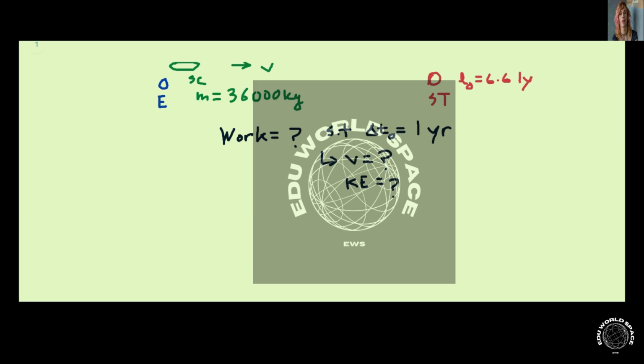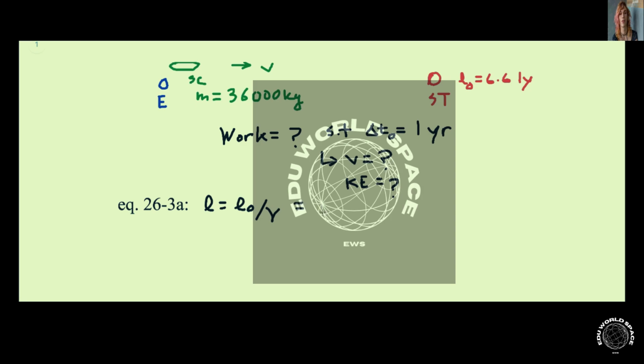So the first step here, you have to use equation 26-3a, which is the length contraction formula. And you'll remember that that's given by L equals L naught over gamma.